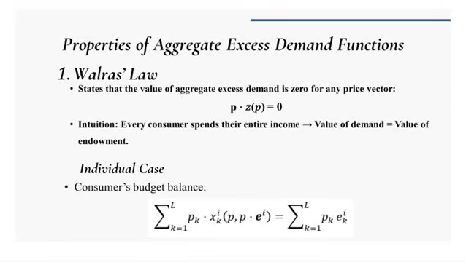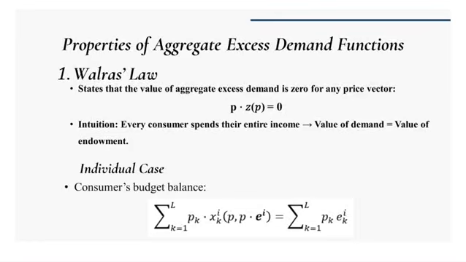And the aggregate excess demand tells us, across all goods, whether total desired demand exceeds or falls short of available supply, endowments, and production. Excess demand in a market means that zk of p is greater than 0: the aggregate demand for good k exceeds the aggregate endowment.